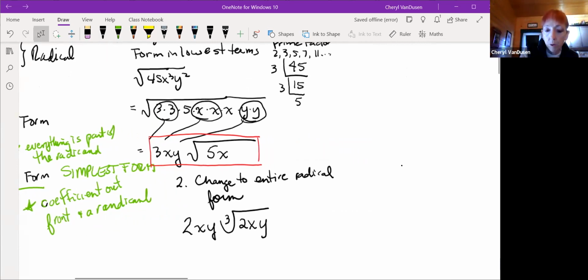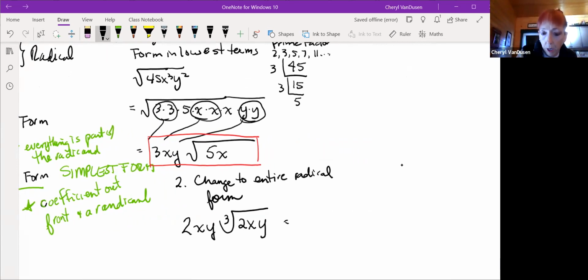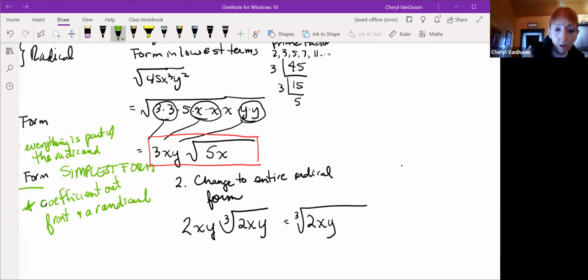So when we go to change this back to an entire radical, the 2xy is still there. And I'm just going to do some color coding. Okay, so I'm just going to underline this 2. And then here I'm going to say, okay, we're putting that back in as 2 times 2 times 2. There's one of them outside. The only way that we had one outside is we had 3 inside.